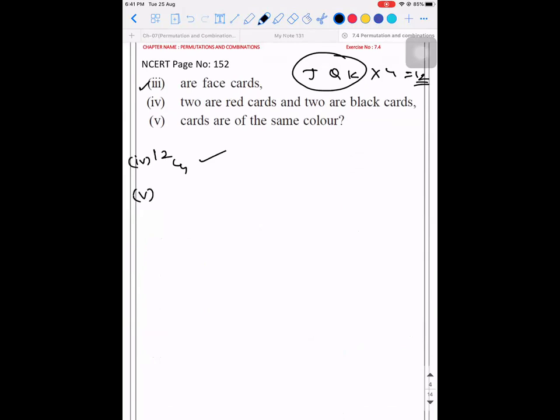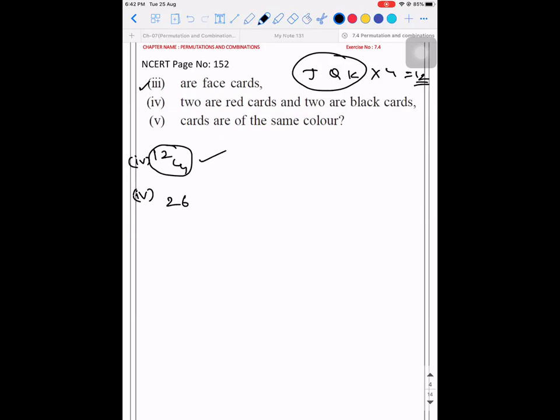Fifth one. 2 are red cards and 2 are black cards. Sir, I have an idea, sir. We can do 26C2 the whole square, no, sir. You have 2 red cards, so how many red cards are there? 26, sir.